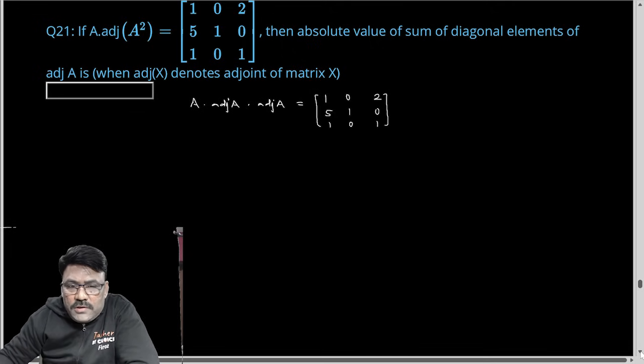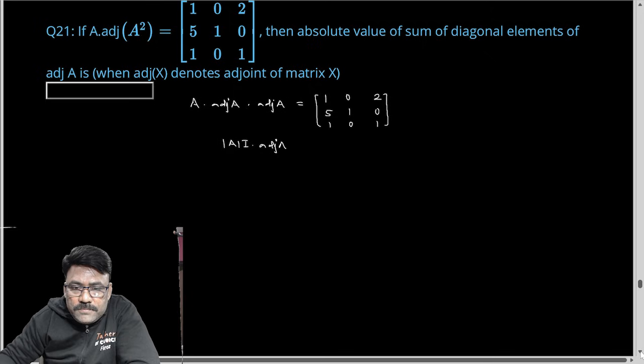Now you know that A into adjoint of A becomes determinant of A into I. So it is determinant of A into I multiplied with adjoint A, equal to 1, 0, 2, 5, 1, 0, 1, 0, 1.